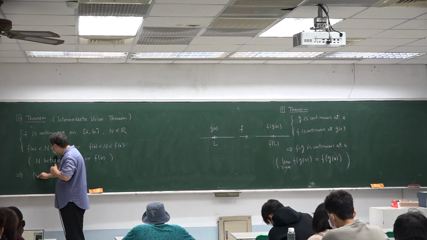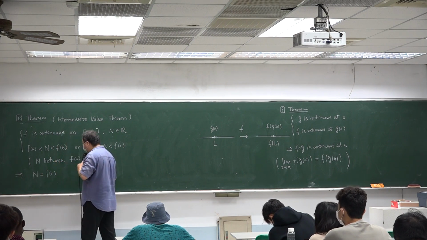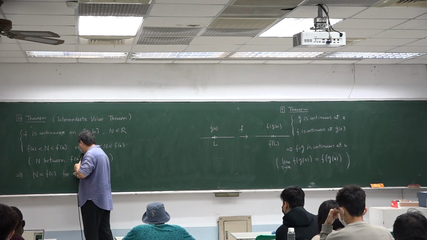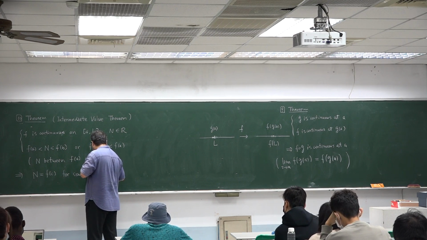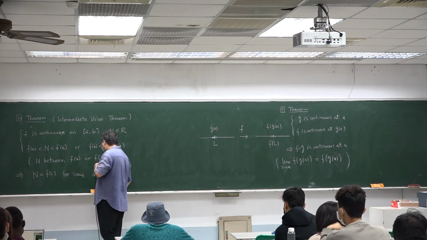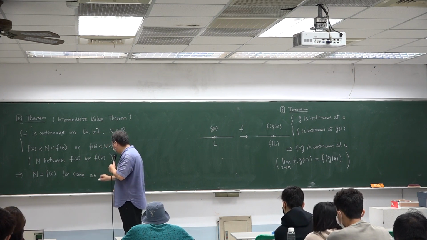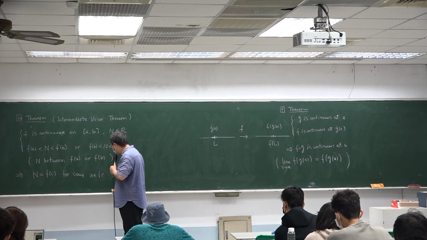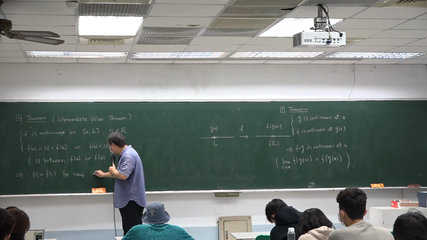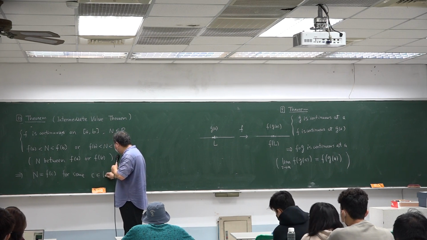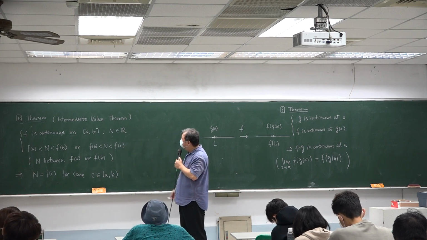N must be a value of the function f at some number c, and the c is between A and B. Or use set notation from set theory: for some c in the open interval (A, B). Okay, this is called the intermediate value theorem.